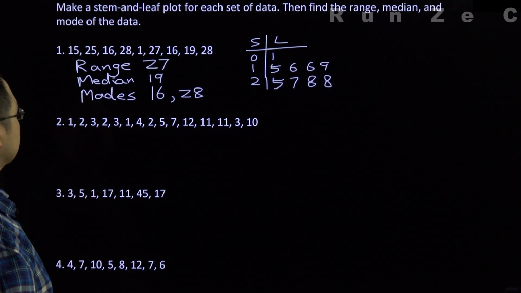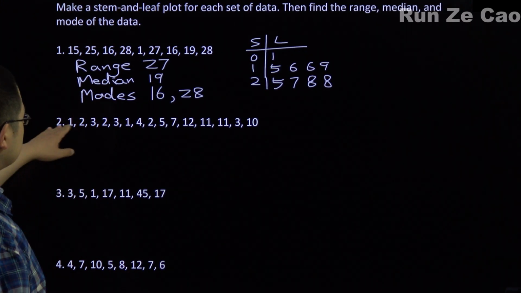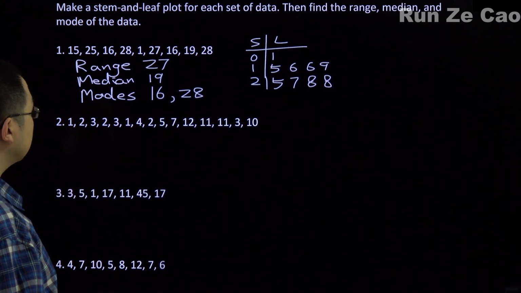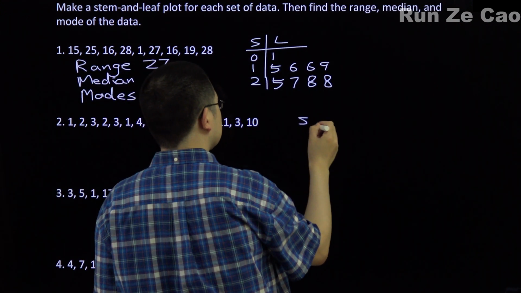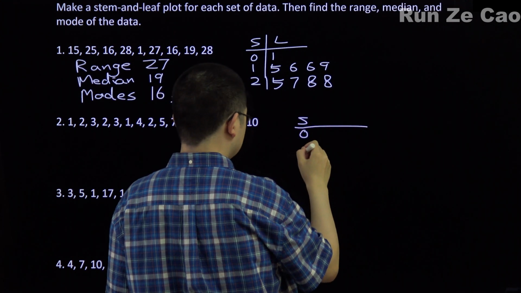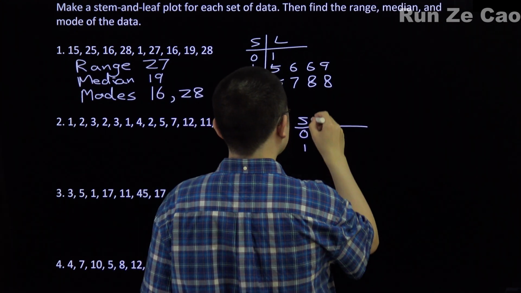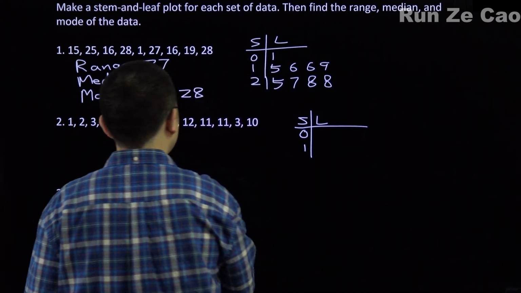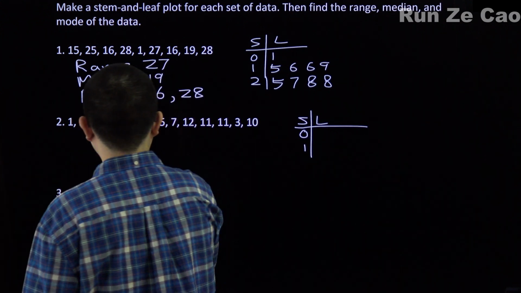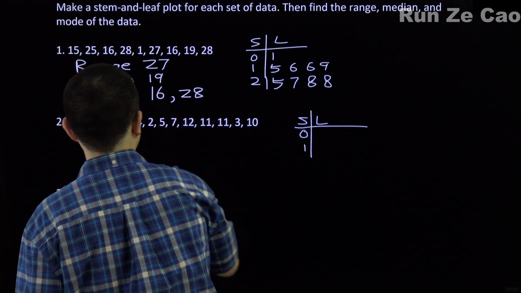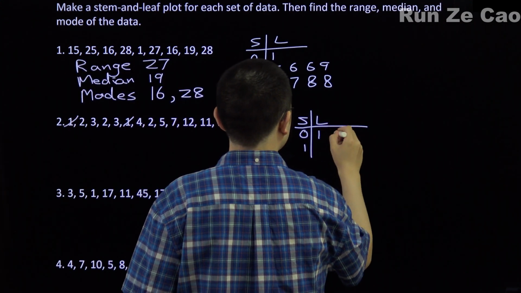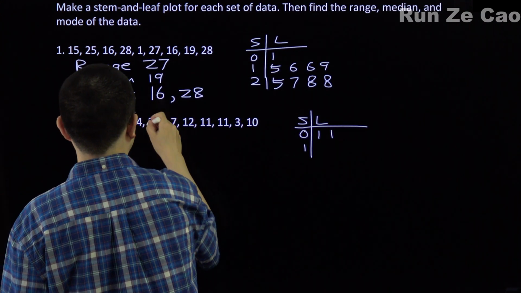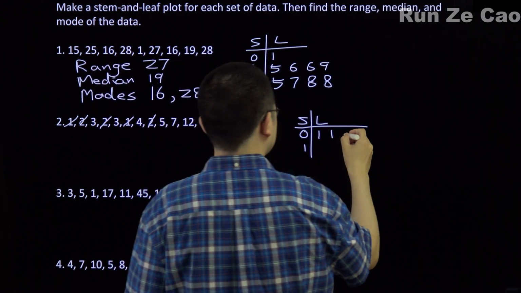Okay, what about this? This is not a great set of data for a stem and leaf plot, because really you're just going to have stem 0, stem 1. Leaves: you don't got a 0 on here, so you got 1, 1, so 2 1s. And then how many 2s? 1, 2, 3, 3 2s.